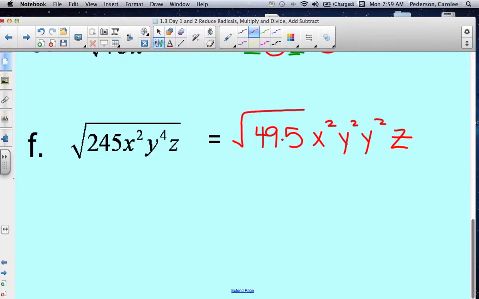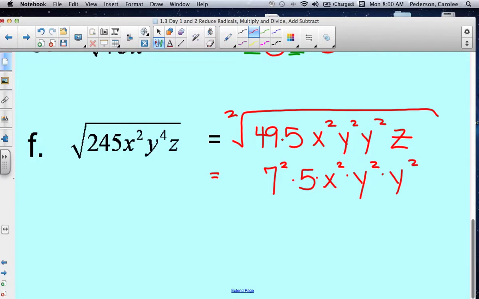Remember, the index in this problem is 2, so we're looking for pairs. If you want to break down 49 again, as 7 squared, 5, x squared, y squared, z.